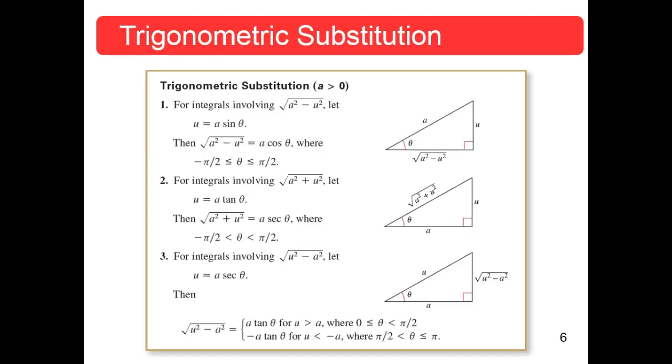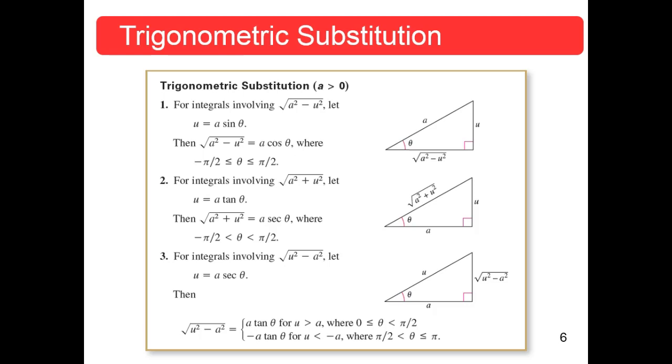Here it is. That one has a minus. This one has a minus. The only one with a plus is the tangent substitution. So we're going to let, remember, our u was 2x, a was 1, tangent theta. So 2x is equal to tan theta. Does that make sense? Got it? Yay or nay?